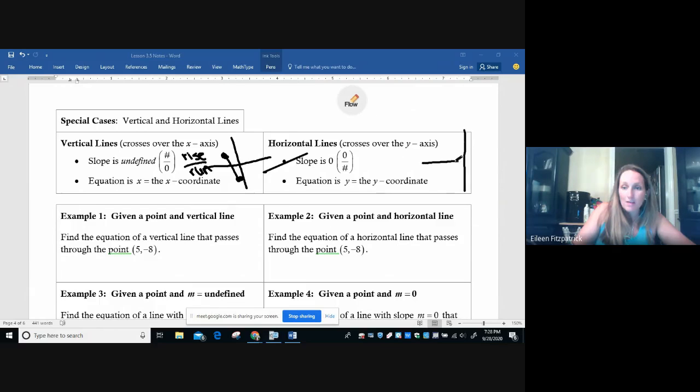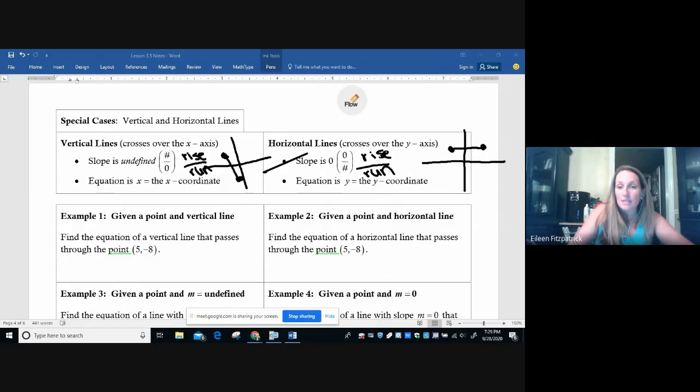If you have a horizontal line in the coordinate plane, from one point to the other, you are not going to have a rise, but you are going to have a run. So your rise is 0. You don't have to go up or down, but you are going to run.